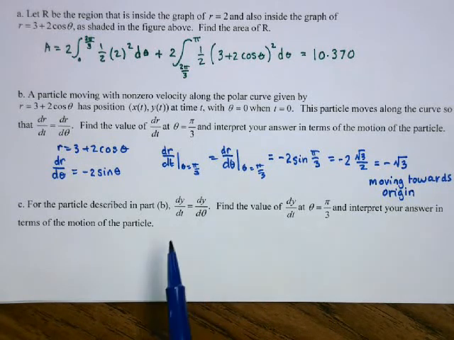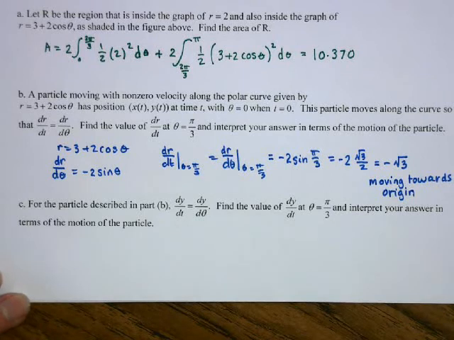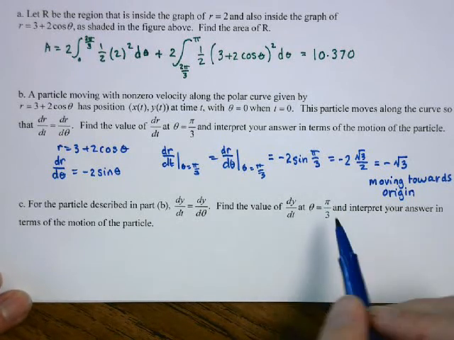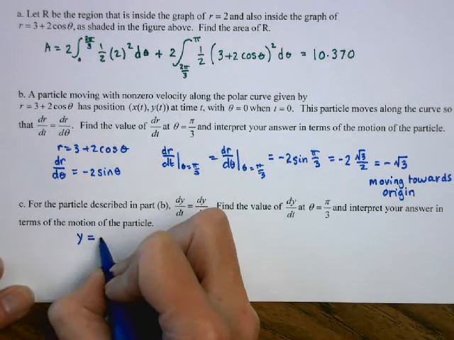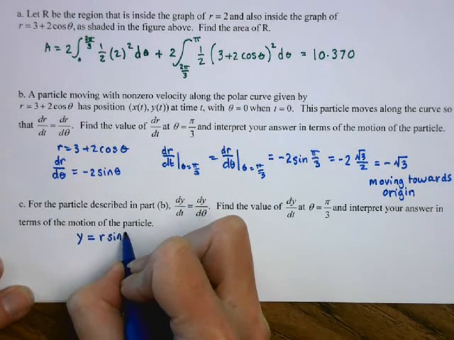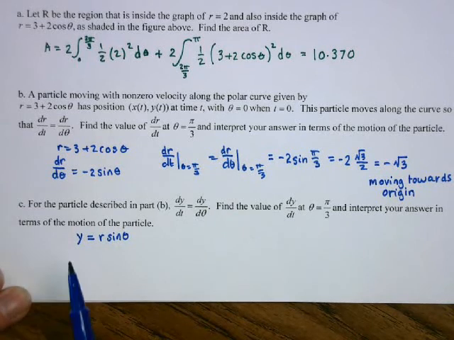For the particle described in part B, dy/dt equals dy/d theta. Find the value of dy/dt at pi over 3. So we have to go back to good old y equals r sine theta. Remember, in polar, x always equals r cosine theta, y always equals r sine theta.